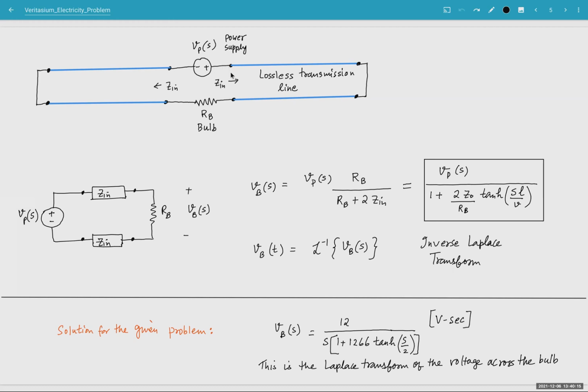For times less than 1 second, since this transmission line acts like a resistor of value Z naught, the entire 12 volts will appear across the LED. However, as the current starts to flow, these capacitors cannot supply the current immediately.